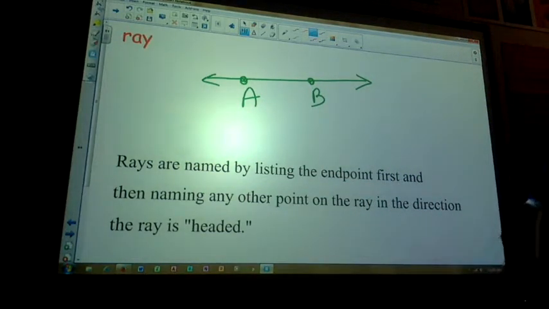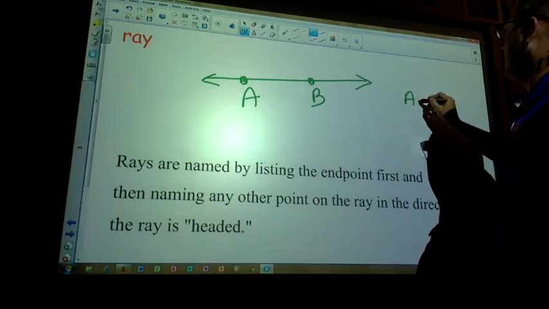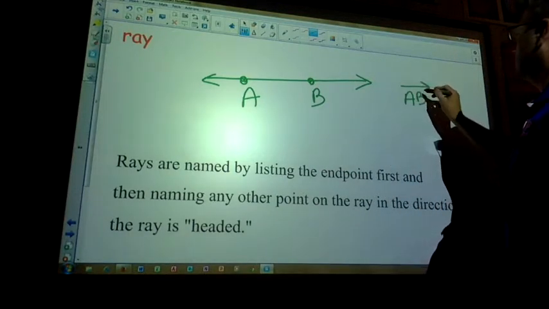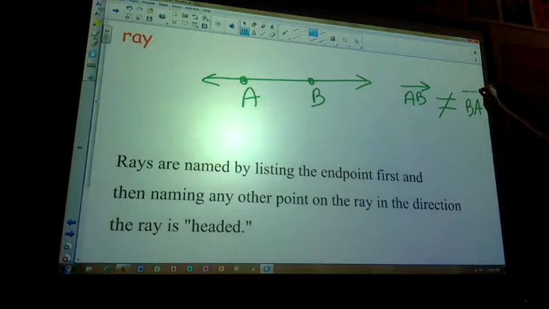Agreed? If I named this, it is not equal to that, it's not the same thing. As far as lines go, yes. As far as line segments go, yes. As far as rays go, no.